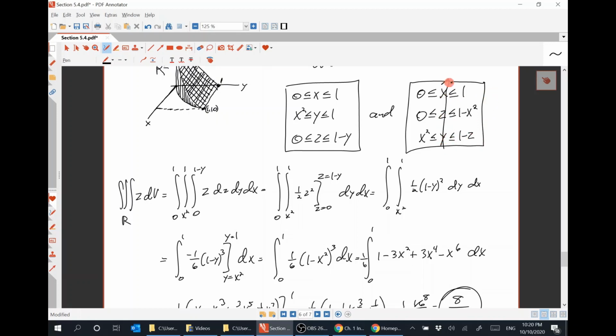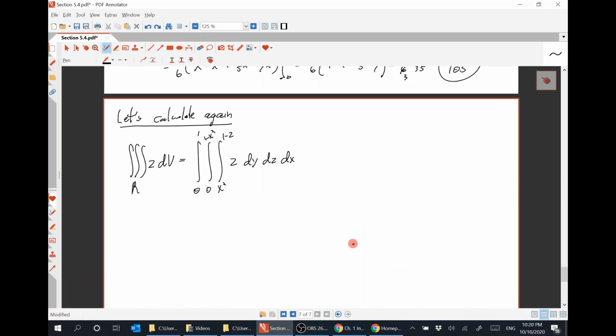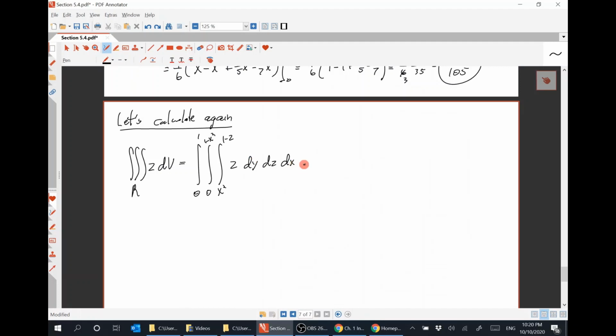All right, so the antiderivative with regard to y is just zy from y equals x squared to y equals 1 minus z, dz, dx.